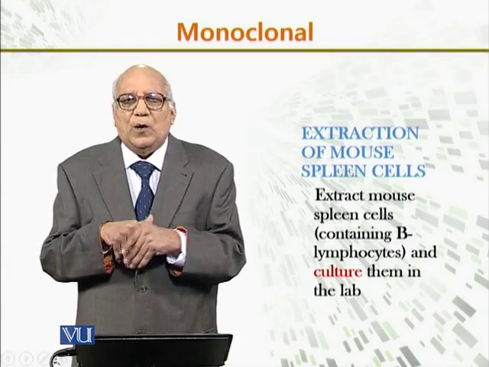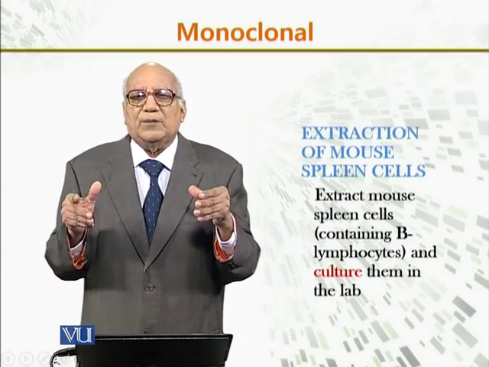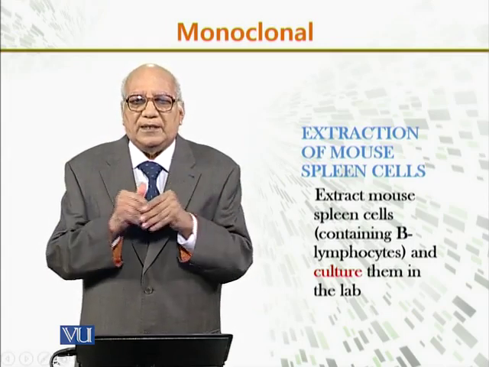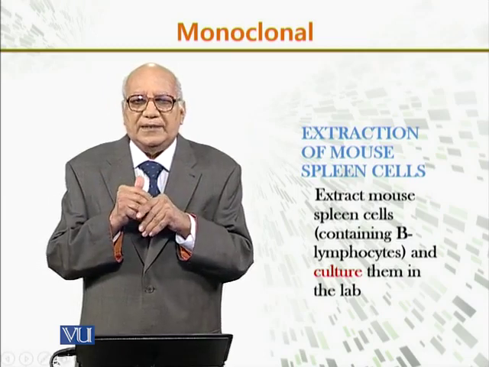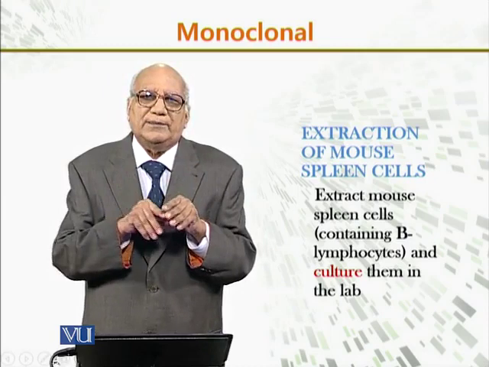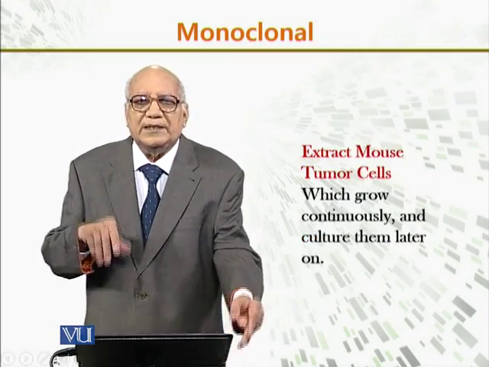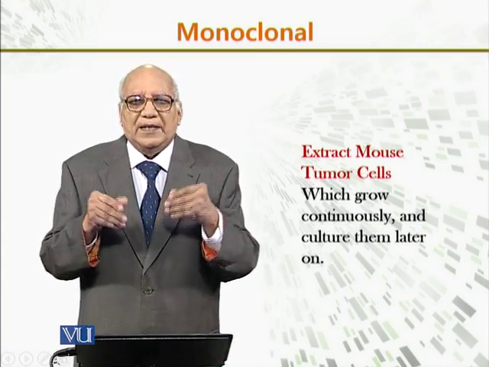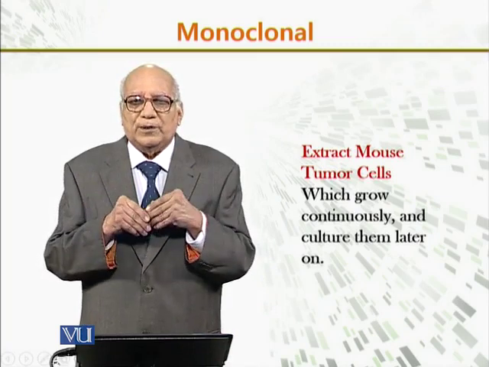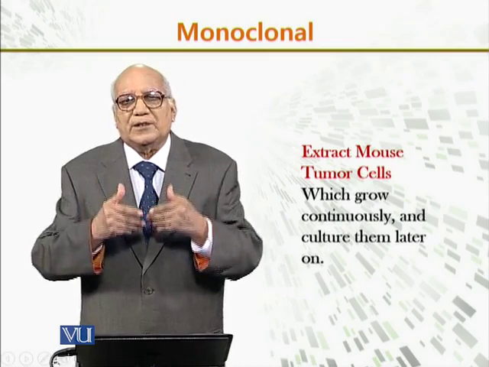Now, how do we extract the spleen cells? We extract the mouse spleen cells, which contain B lymphocytes, and culture them in the lab on a petri dish or in a tube. Then we extract mouse tumor cells, which will grow continuously, and culture them as well.